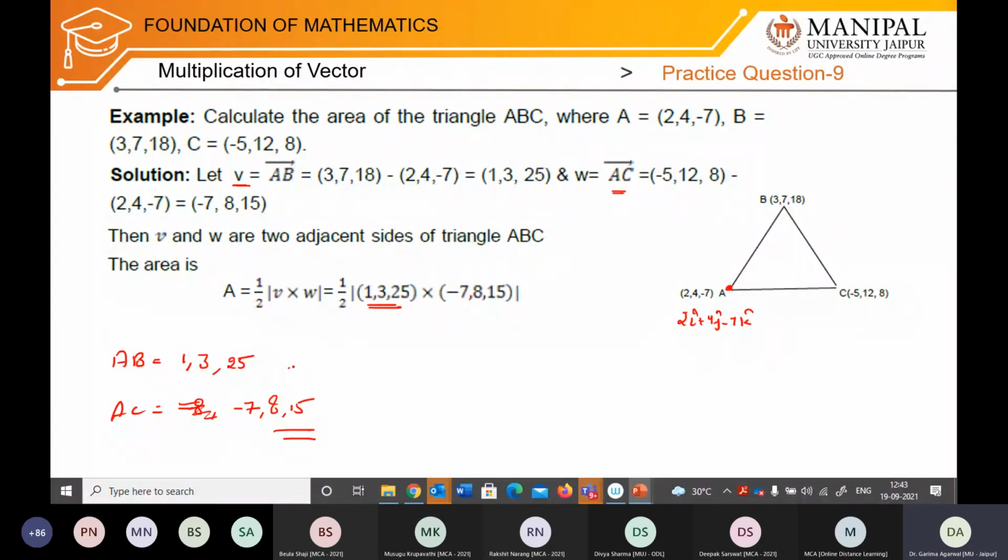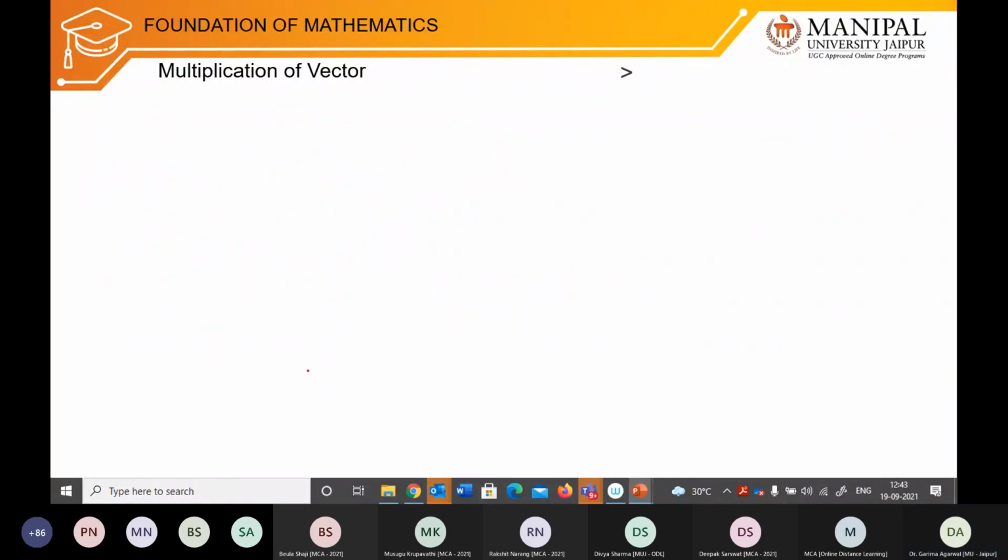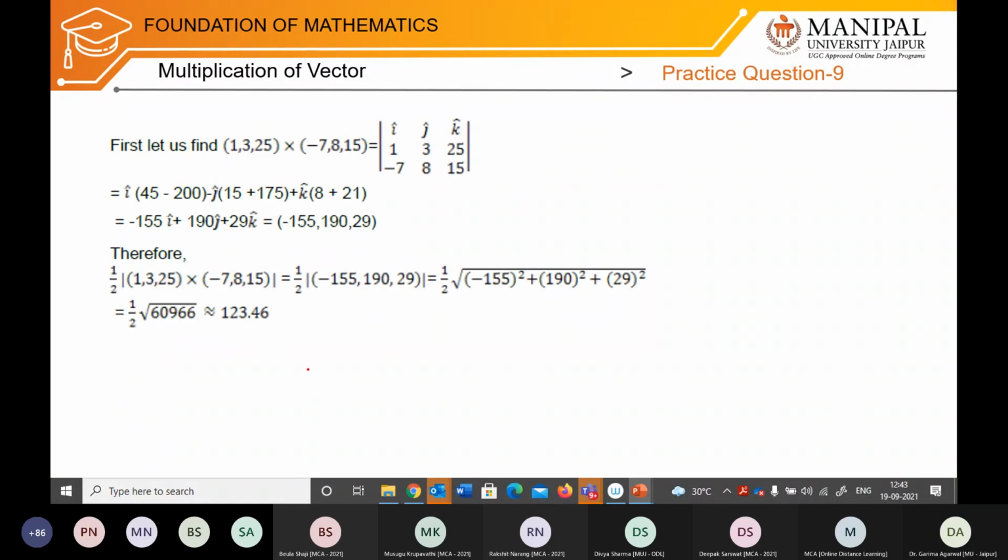So this is AC and this is AB. Right, so first of all we find the cross product of AB and AC and then we find the magnitude. This is the area.